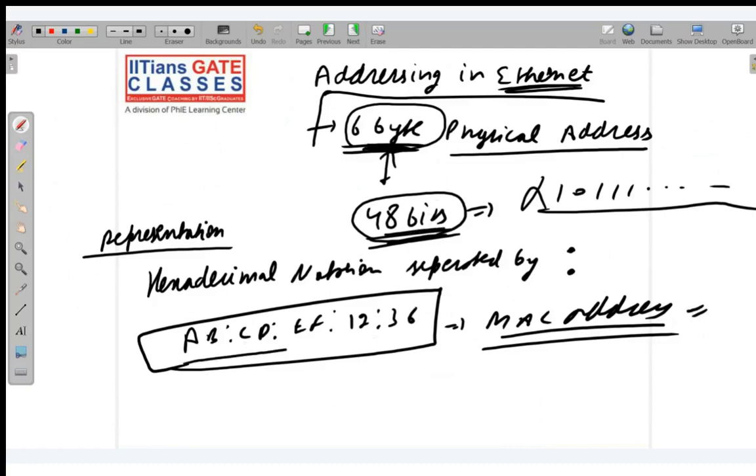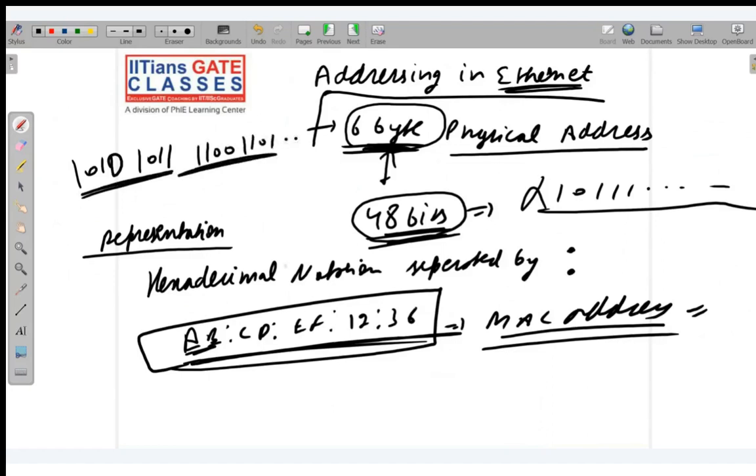Hexadecimal notation separated by colon: we write one byte and then separate by colon, so 4 bits plus 4 bits. A is 1010, B is 1011, so this 8 bits is over. Now CD: C is 1100 and D is 1101, and so on. I think you know these things or not?